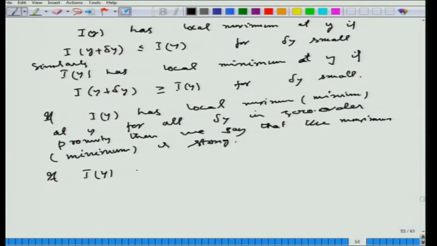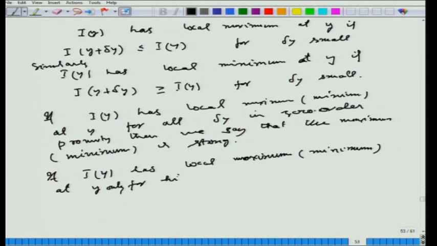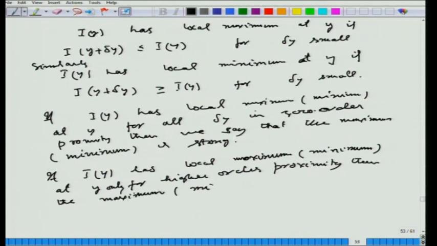If I y has a local maximum or minimum at y only for higher order proximity, then the maximum or minimum is called weak.